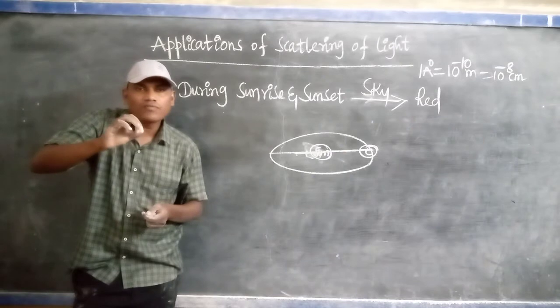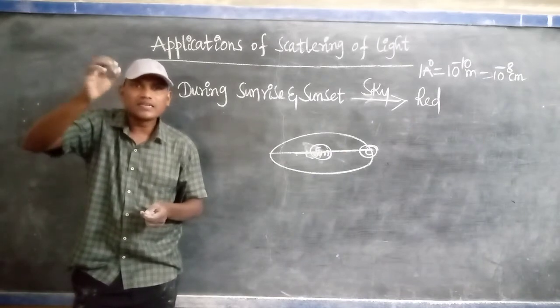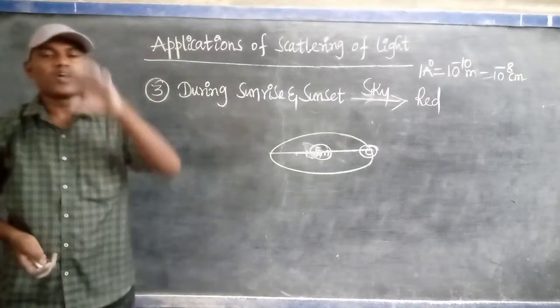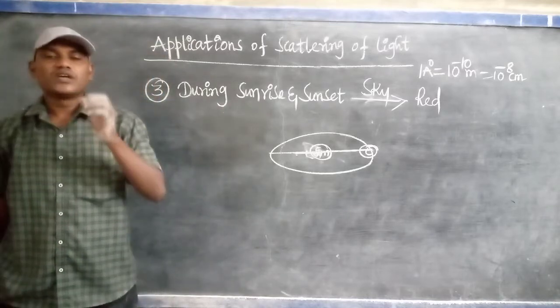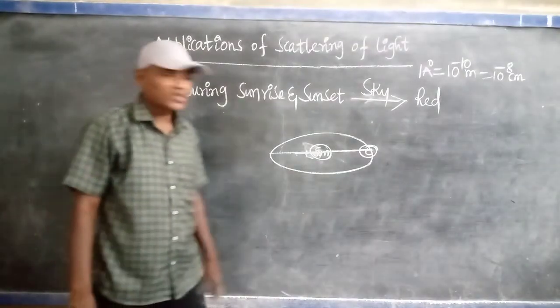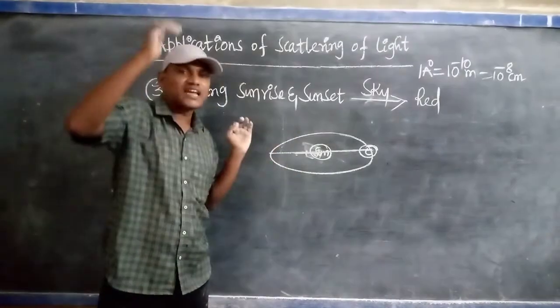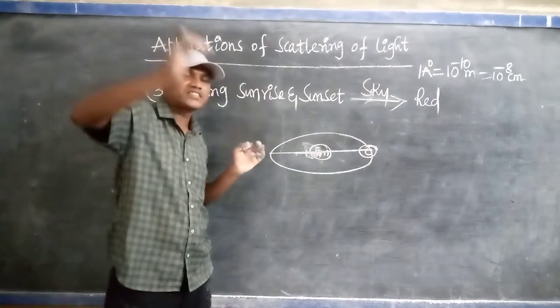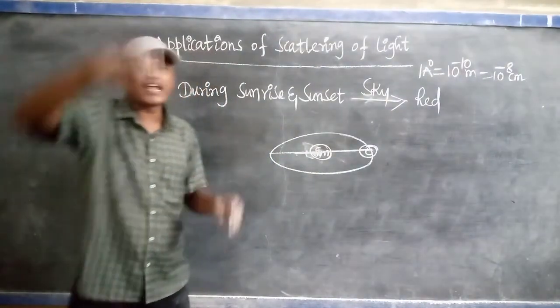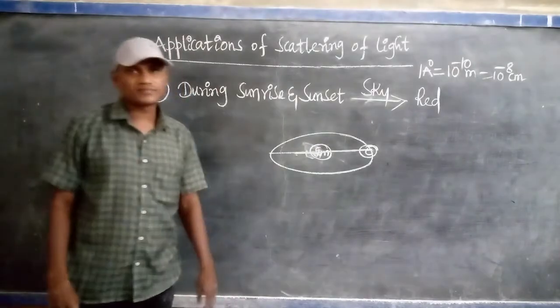A color of light with a low wavelength, its scattering is more. That's why mostly we are observing that. Based on this concept, we understand this very easily. So during the sunrise and sunset, the distance from the Sun to Earth is maximum. At that time, the rays travel more distance in the atmosphere.